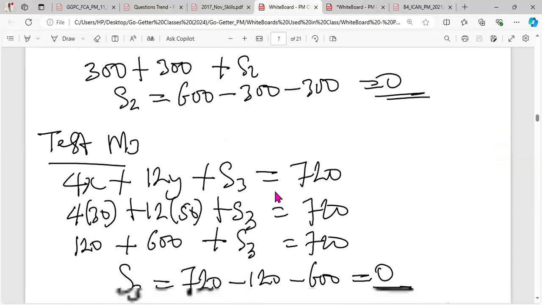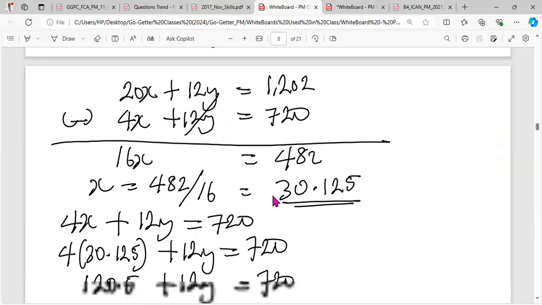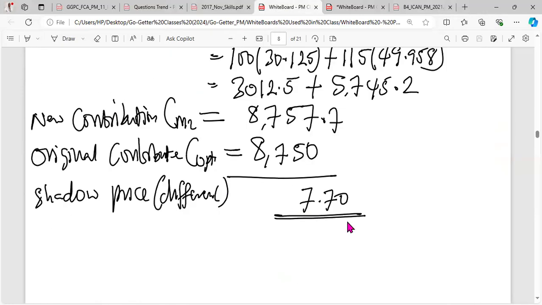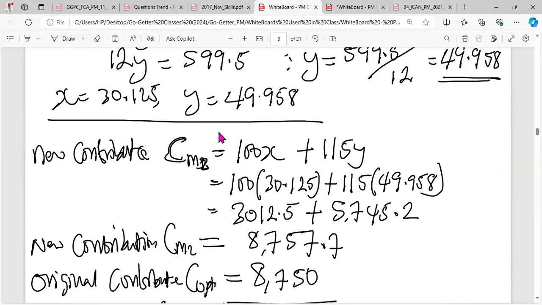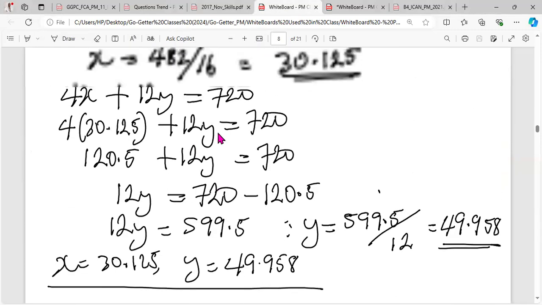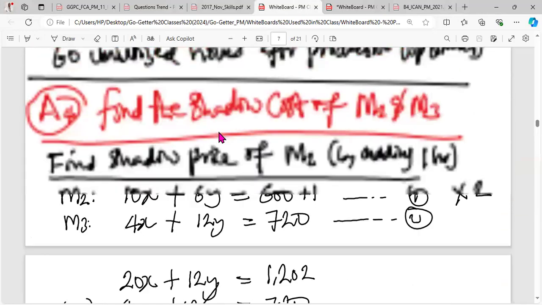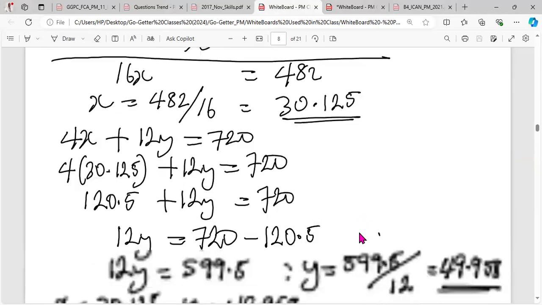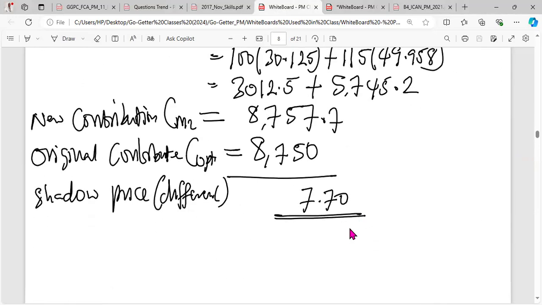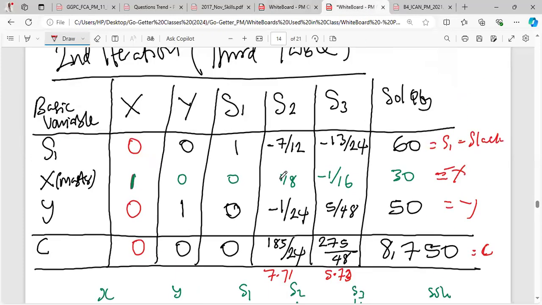Let's go to our shadow price. We are trying to do shadow price for M2. This is the 7.7 here, because it's M2 that gives you that. So this is supposed to be M1, machine 1.